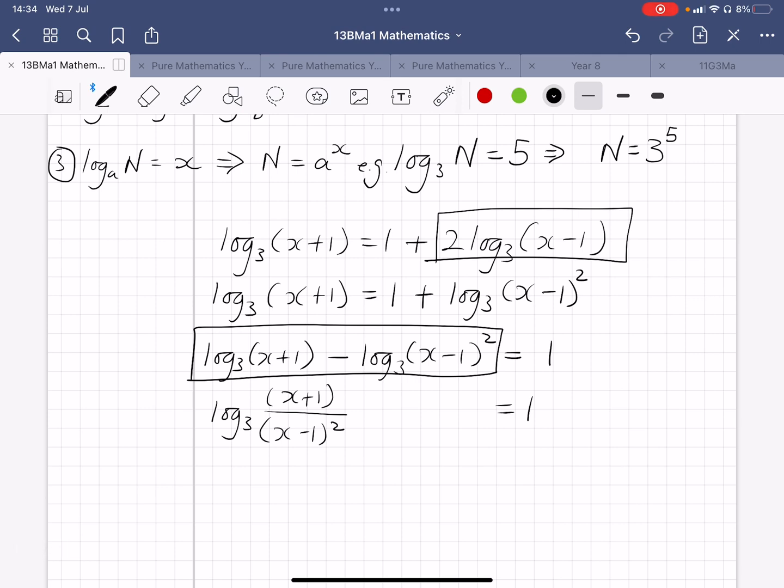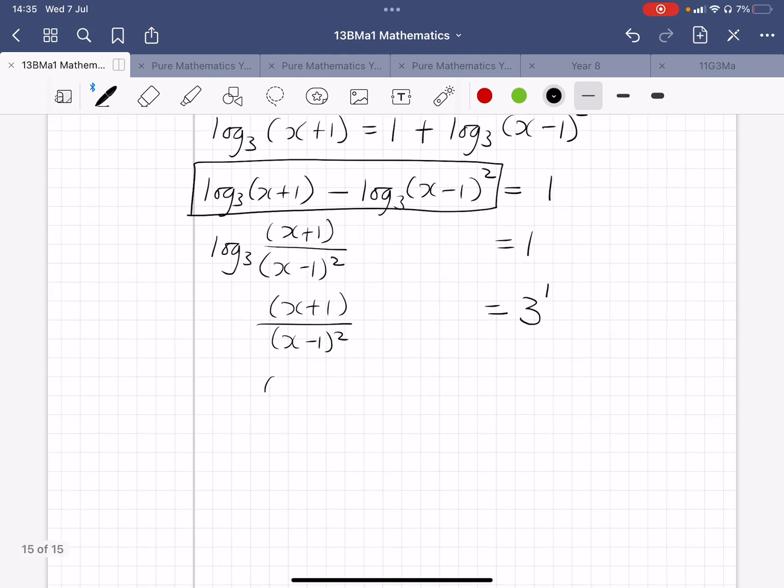I now apply rule 3, which tells me that in removing the log, it says it's the base to the power of 1, which of course is 3.